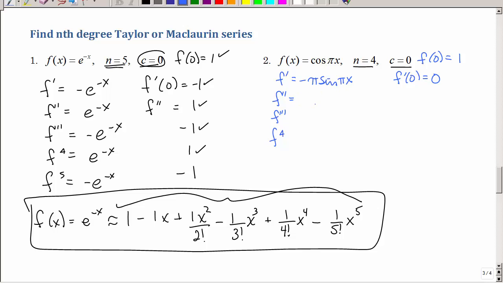The second derivative is going to be negative pi squared. Doesn't that look fun? But again, we're plugging in 0, so the cosine of 0 is 1, so that's going to be negative pi squared. Then the derivative of the cosine is negative sine, so we're going to have positive pi cubed.